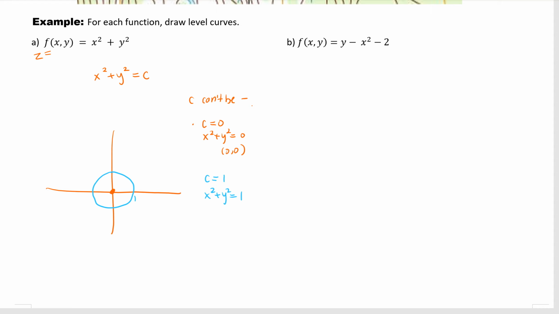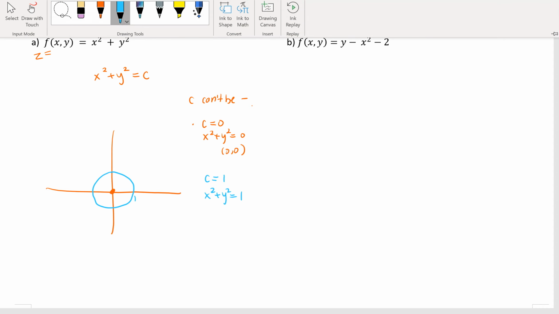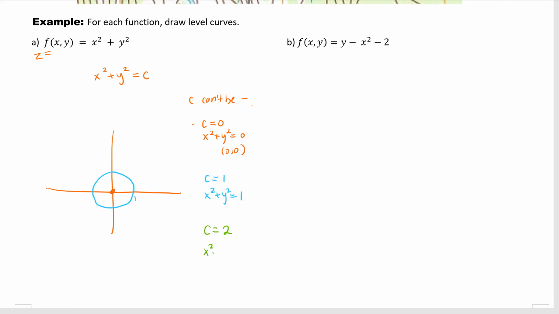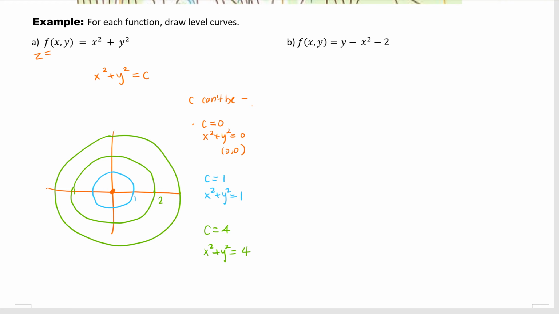Let's draw one more. What happens if c equals 4? Then we have x squared plus y squared equals 4. This is a circle with radius 2. So far, so good, everybody? So the contour curves look like this.